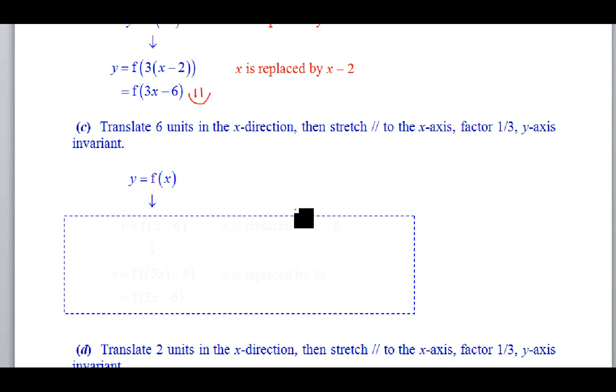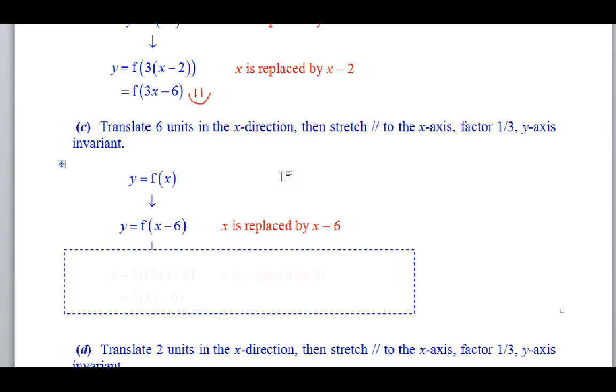Now we translate by 6. That means we swap the order from A. I translate by 6, then I stretch. What do I see? I translate by 6 means x replaced by x minus 6. No problem. Next, I stretch by factor 1/3. What does it mean?